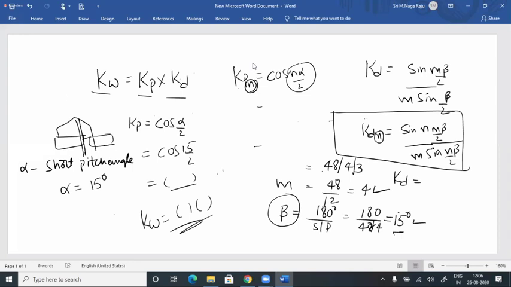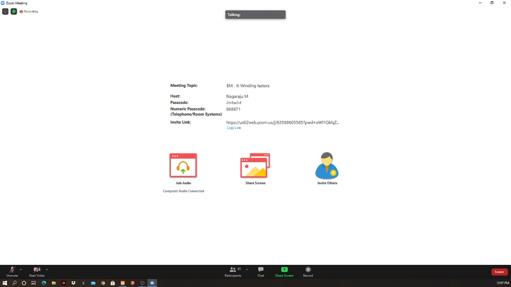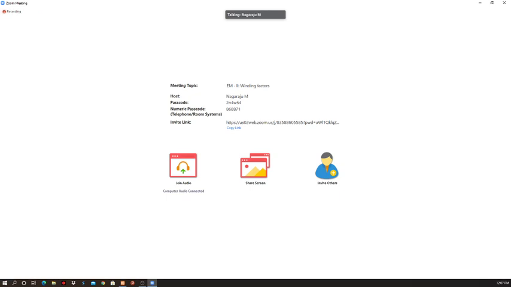Now note down any problem and solve it and tell the answers in the next class, tomorrow's class. A 4-pole 50 Hz synchronous generator has 48 slots in which a double layer winding is housed.